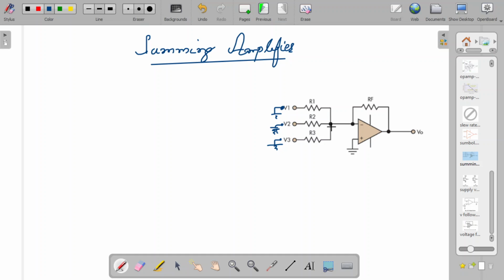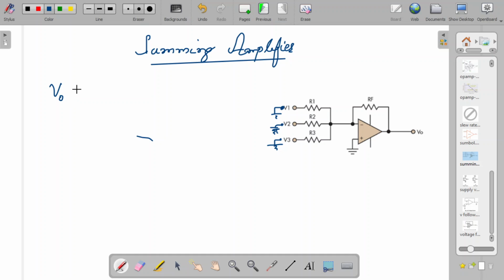When you had only one voltage, you connected it using the resistance R1. Here, since there are three voltages, you connect each voltage through a resistance, termed R1, R2 and R3 respectively. Now we have to calculate the output voltage VO.